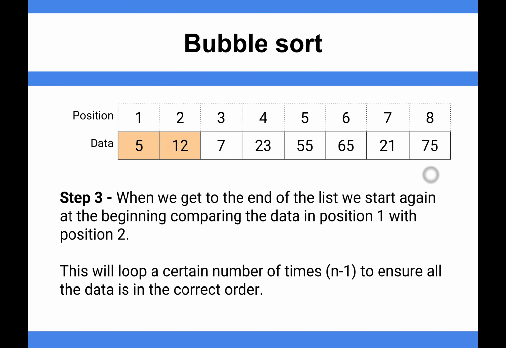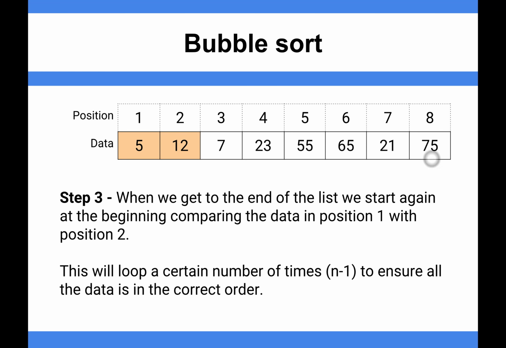So in one pass, I can only guarantee that the largest number is in its correct position. Then on the second pass through, the only thing I can guarantee is that 65 would have ended up there. And on the third pass through, I could have guaranteed 55 would have ended up there. These could have been done in fewer steps, but we're talking about guarantees, worst case scenarios.